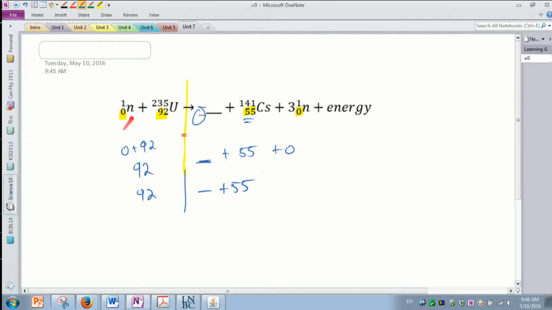What do I have to add to 55 to get 92? Anybody have their math hat on this morning? Something plus 55 equals 92.